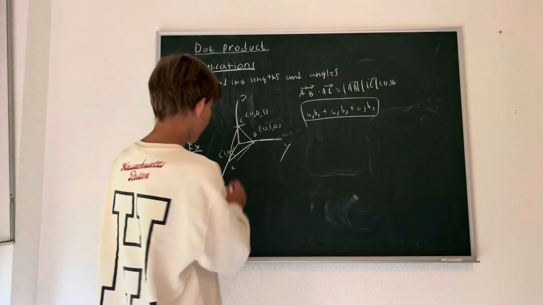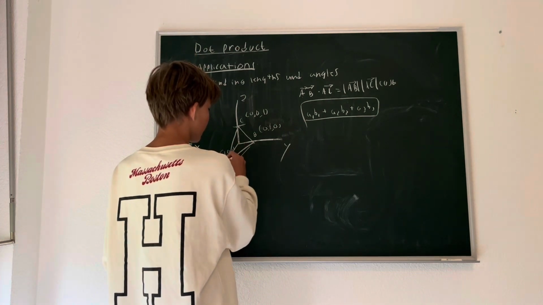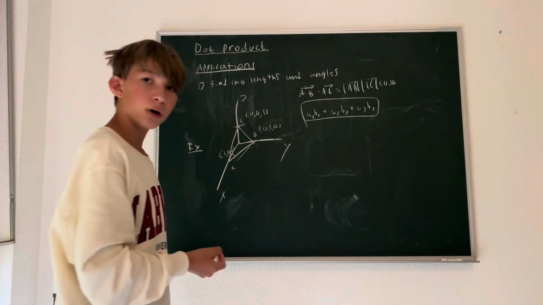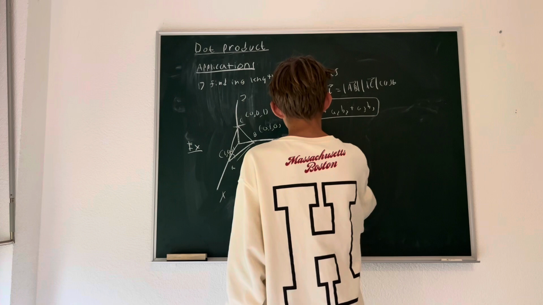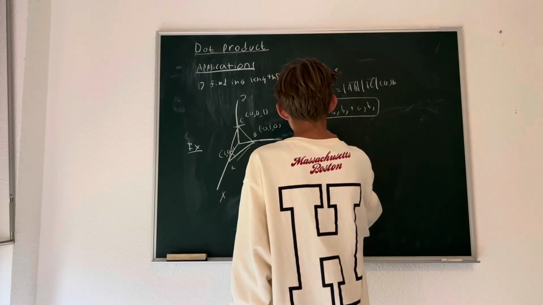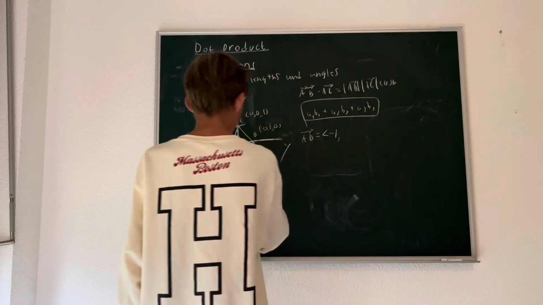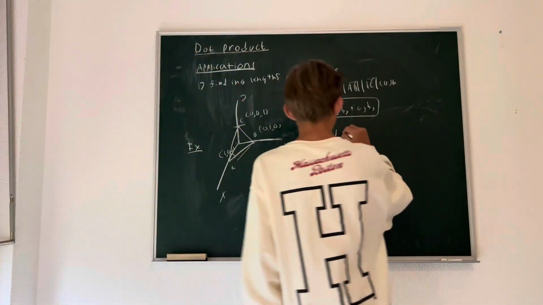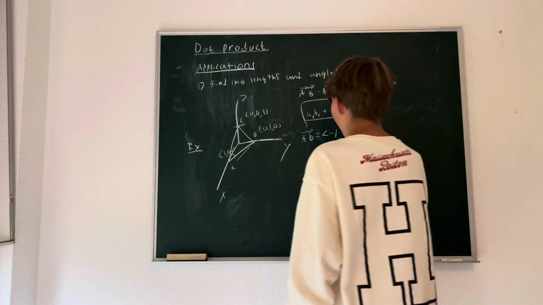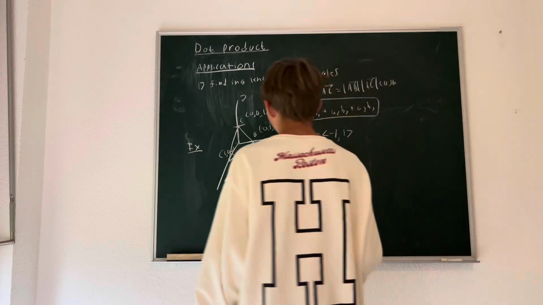So AB has -1 in the x direction, 1 in the y direction, and 0 in the z direction, but we don't really need to put that here.